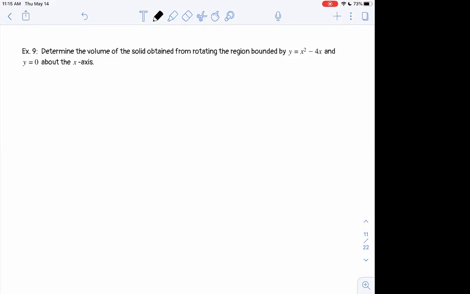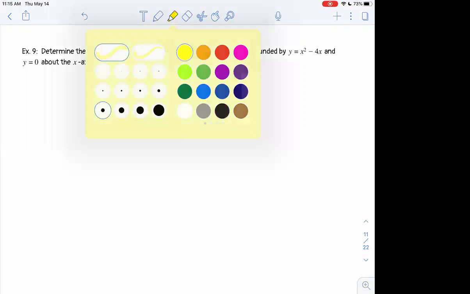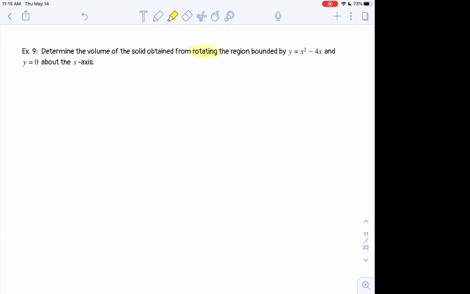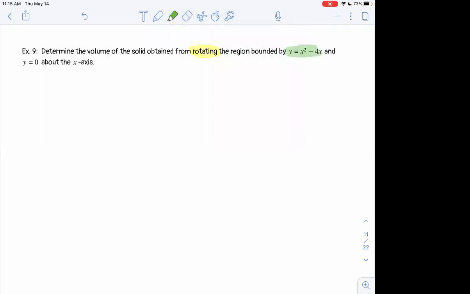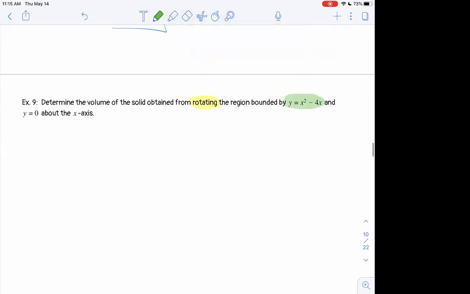All right, so let me talk you through my thought process as I set this up. So again, I'm looking for some keywords. I see that this is being rotated about an axis, so I know I'm going to have circles. And I look at this curve over here, y equals x squared minus 4x, and I'm able to determine that that is a parabola.